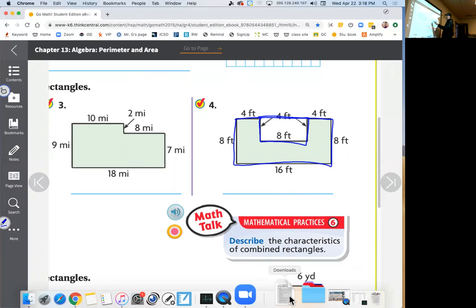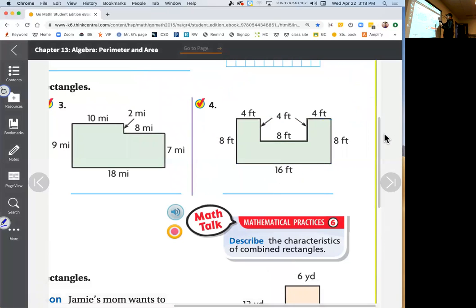So we're going to do the big rectangle. We're going to say big and little. The big rectangle is 8 tall and 16 wide is the base. So 16 times 8 is 128. So the big one is 128.